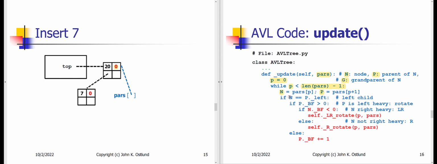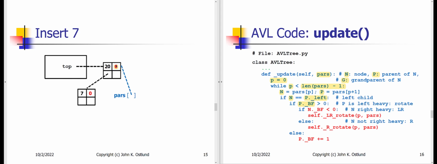And we ask, all right, is this newly created node a left-hand child of its parent? Well, in this case, it is. The newly allocated node is the left-hand child of the parent. And is the balance factor of the parent greater than 0?